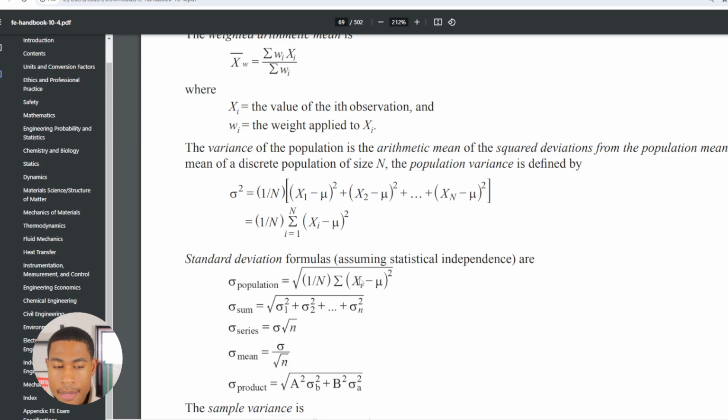So maybe one quarterback threw for 5 touchdowns. For this particular example, you're going to say 5 minus your 10, and then you're going to square that. And then you're going to add up the next quarterback and what their difference from the mean was. So that is how you get the standard deviation. Basically you're comparing an individual versus the overall mean, and it's telling you how much your data varies. So that is standard deviation.